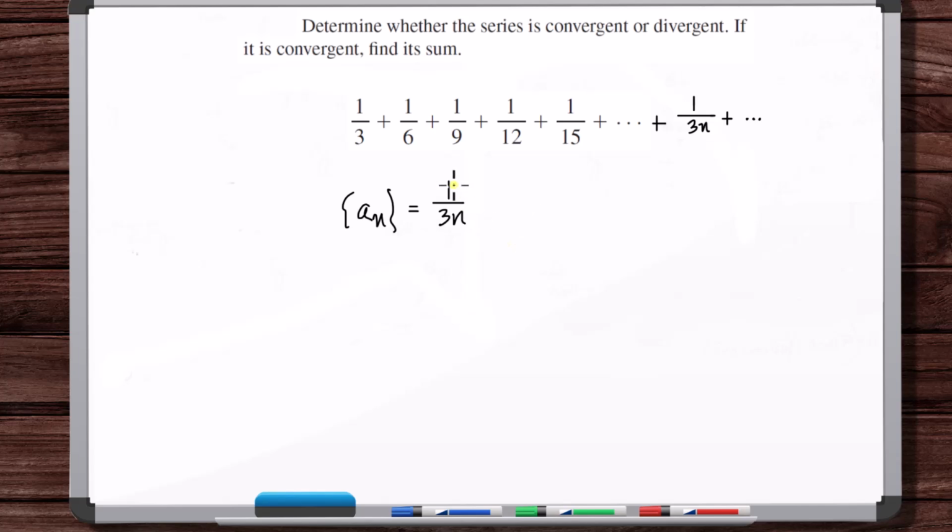All right, so when it came to analyzing the convergence or divergence of an infinite series, what were some of the things we talked about?